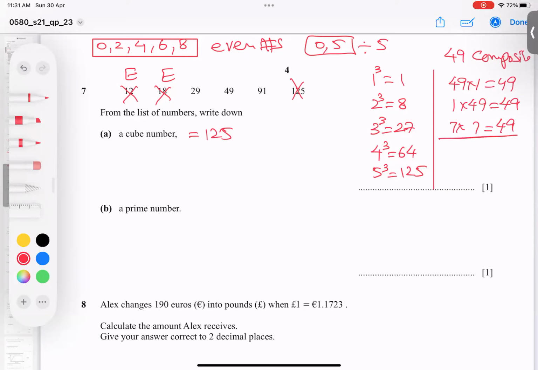So not a prime number, so I'm putting a cross on it. Now 91, check it. 1 into 91. No need to check all of these; these two are short. So check 91 divided by 7. 7 times 3 is 21, so it becomes 13, 7 times 13 is 91. So again it is a composite number. So 91 gone. So the answer is 29.